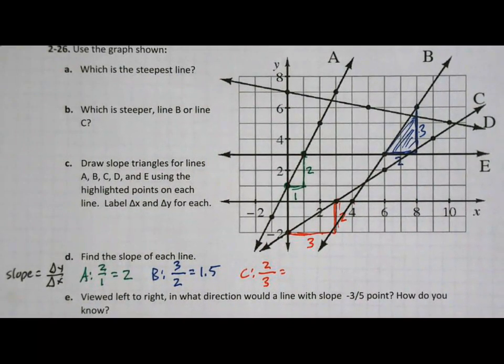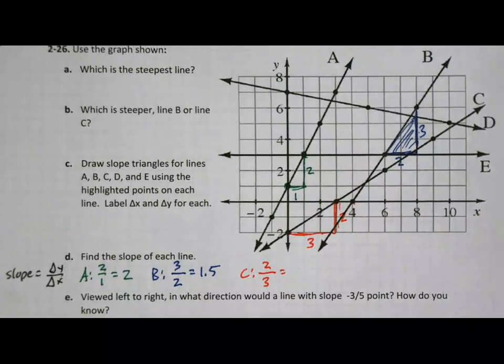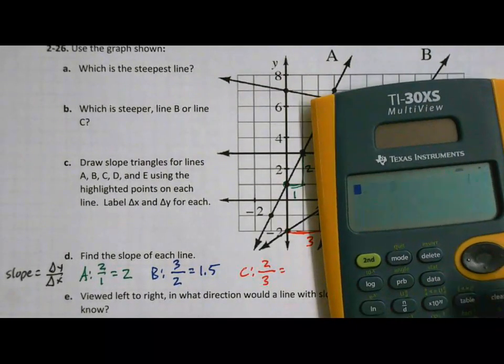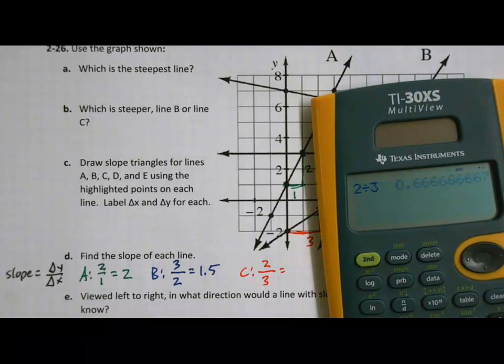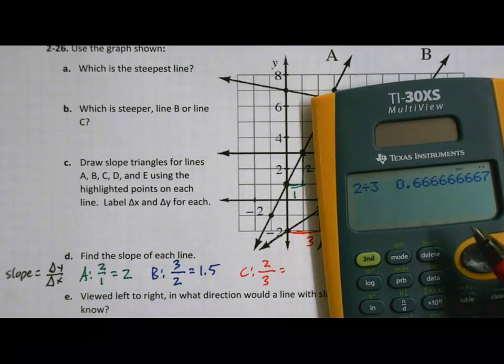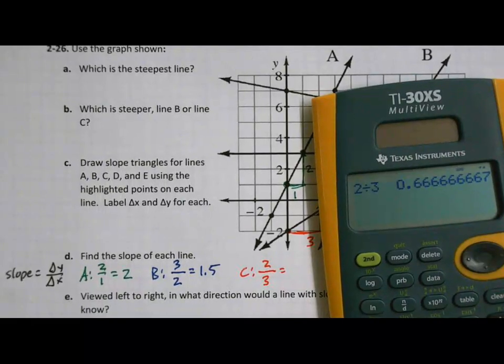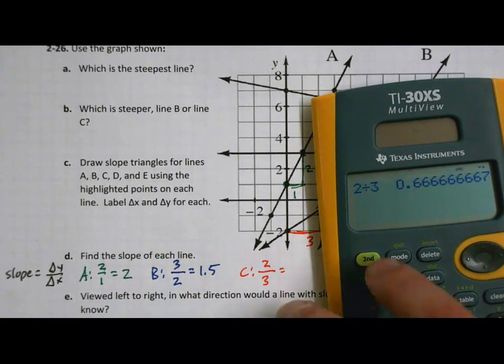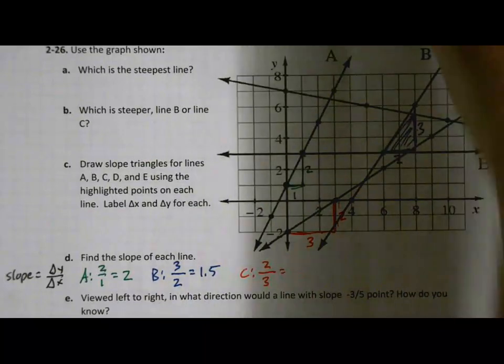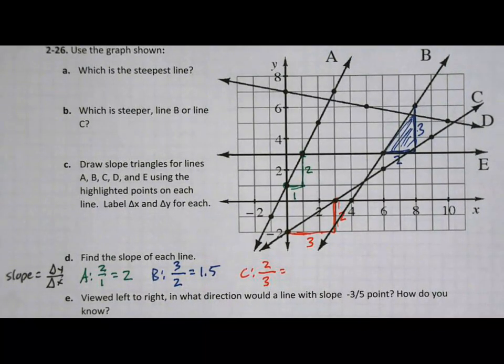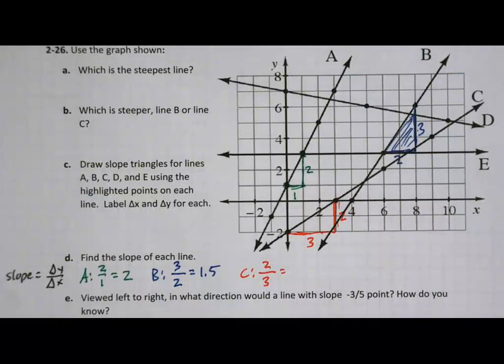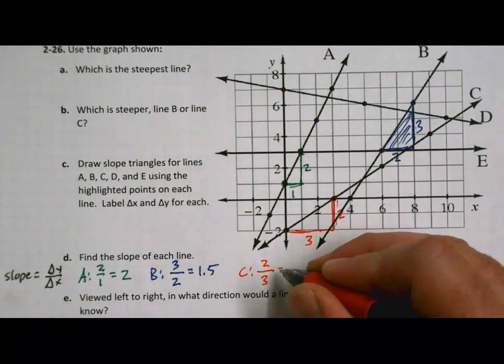Now this one, if I put this into my calculator, 2 divided by 3 to get a decimal, I'm going to get that, which is a non-terminating decimal. So I cannot round that off, or I'm going to change the value of it and it won't be 100% correct.